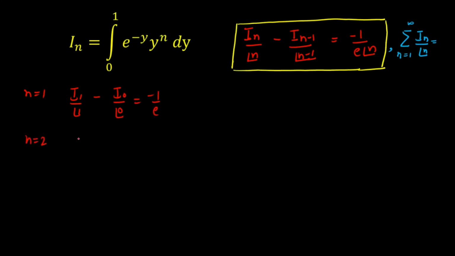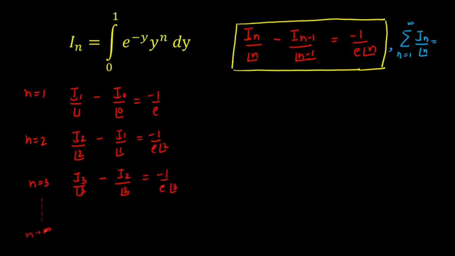Now when you put n is equal to 2, we'll get I of 2 upon 2 factorial minus I of 1 upon 1 factorial is equal to minus 1 by e into 2 factorial. Similarly, for n is equal to 3, I'll get I of 3 upon 3 factorial minus I of 2 upon 2 factorial is equal to minus 1 by e into 3 factorial, and this goes on up to infinity.